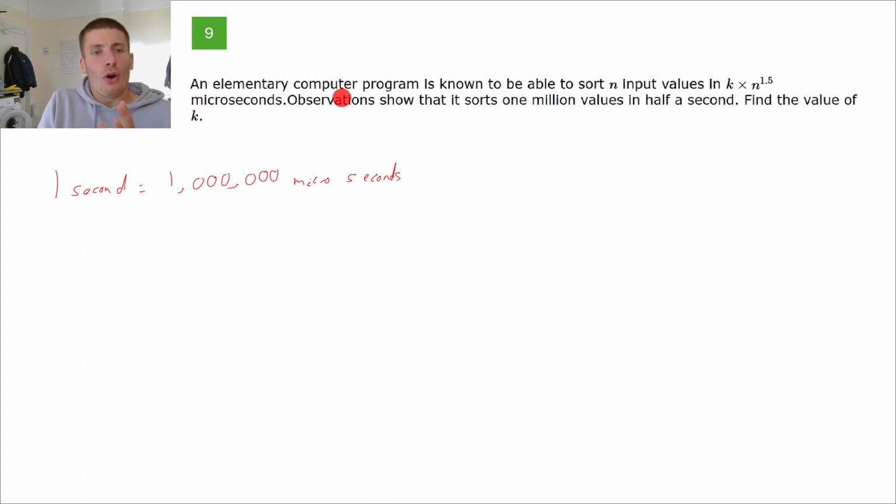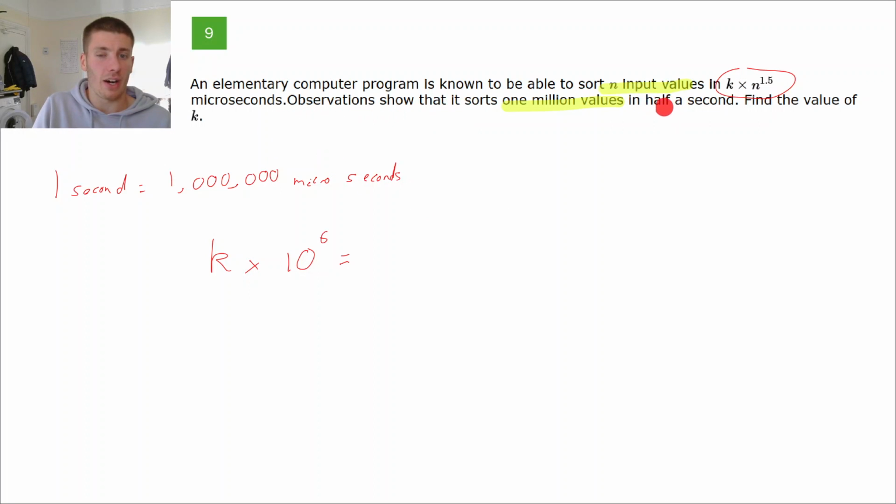Anyway, observations show that it sorts 1 million values in half a second. So n here is 1 million, because it sorts 1 million values, and n is the input values. So we can plug that into our formula: k times n, which is 1 million, the same as 10 to the power of 6 as an index, and it sorts it in half a second.